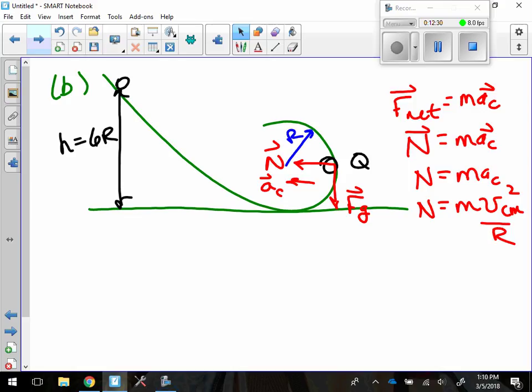So I can't, and I've already done that. I've already applied Newton's second law, which was how I got V center of mass the first time. Well, I'm trying to find N, and I'm going to assume that I know the mass of the marble and the radius of the loop. So if I'm going to figure out the magnitude of N, I need to know what the center of mass velocity is.